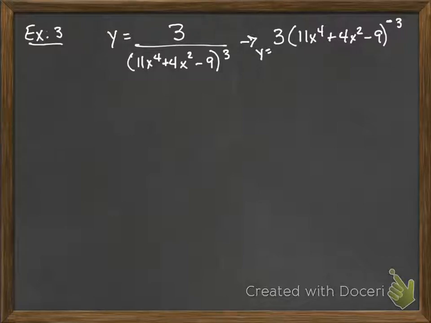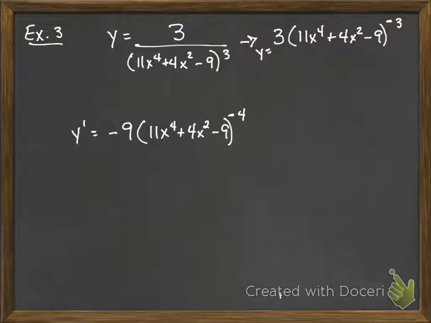Y equals that. Okay? So now all you're going to do to get y prime is apply your rule. So negative 3 times your 3 in the front, negative 9, you got all that stuff in there, minus 9 to the negative fourth power because you have to subtract 1 from negative 3.